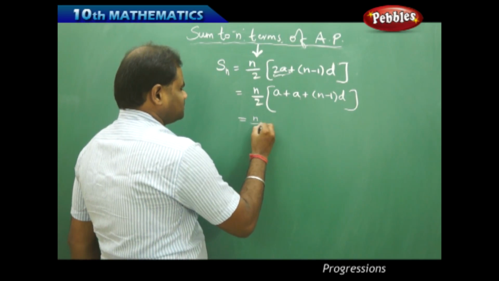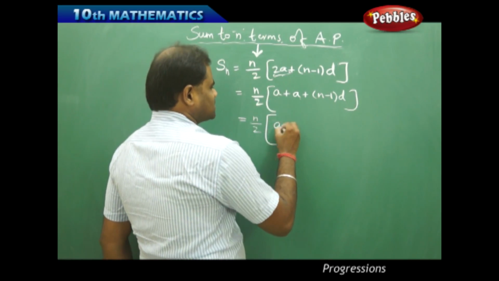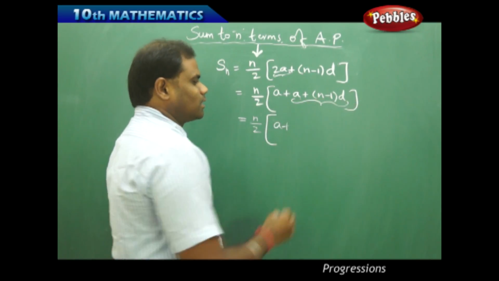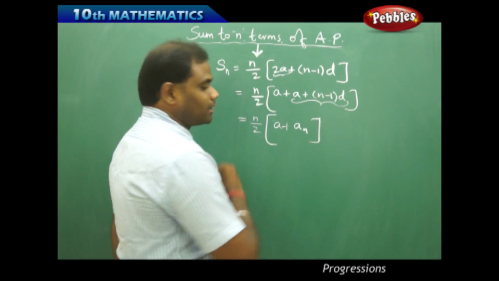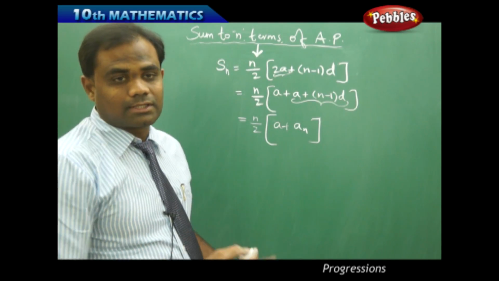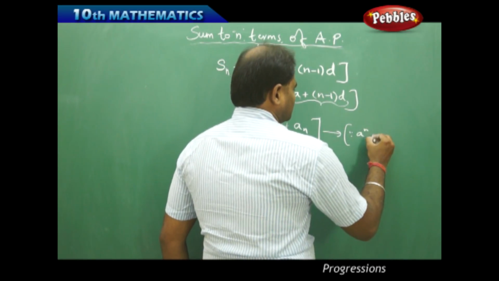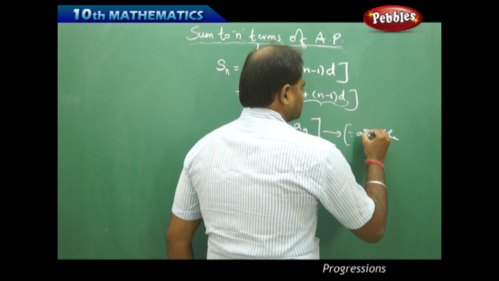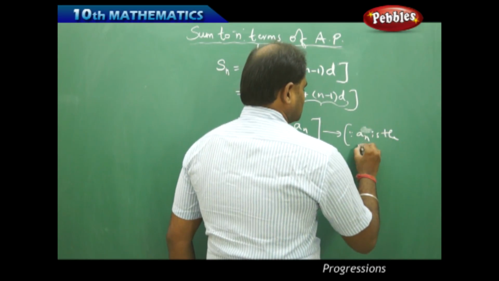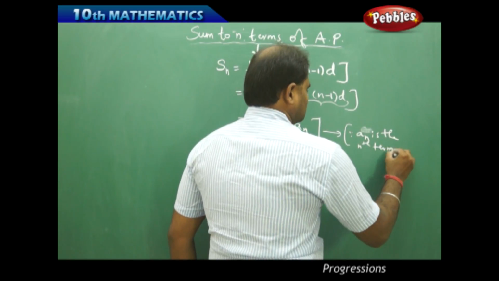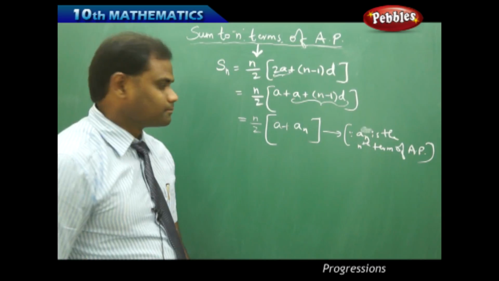Next, I get a plus (n minus 1) into d, which is identified to be the nth term an, which we already discussed, since here an is the nth term of arithmetic progression.